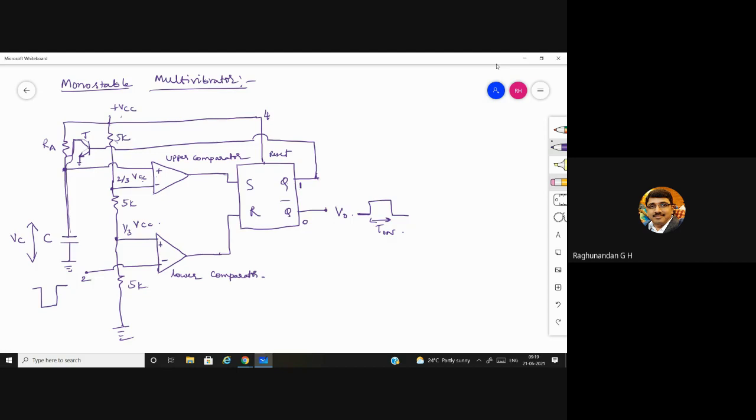When the voltage across this node becomes lesser, this node, which is connected to the inverting terminal, will become greater than this node. And remember, this will always maintain 2/3 of VCC voltage. But this depends upon the capacitor. But this terminal, which is connected to the voltage divider circuit, always maintains a constant voltage.